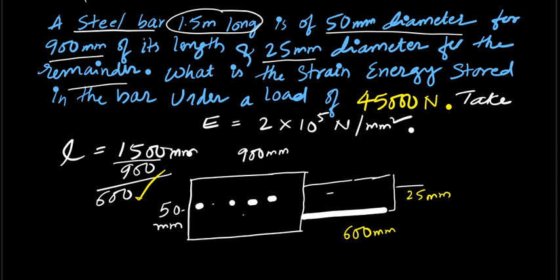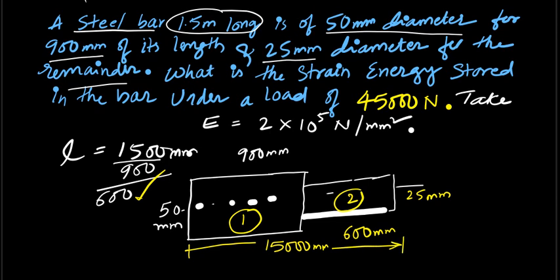Say this is element 1 and this is element 2. The total length is 1.5, it means 1500 millimeter is the total length of the given steel bar.